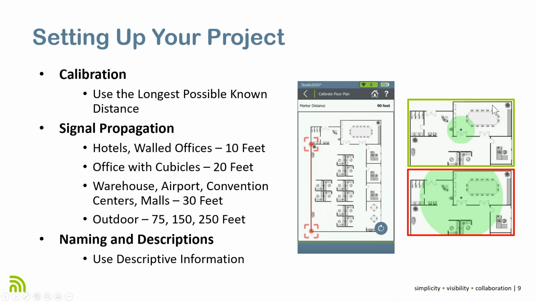For example, on this little screenshot here, the little gray dot is where I was standing when I tapped on the screen and collected the data. And the green circle is basically the propagation assessment. What we're assuming here is that the signal strength that was measured on the gray spot will be the same throughout the radius of the circle.